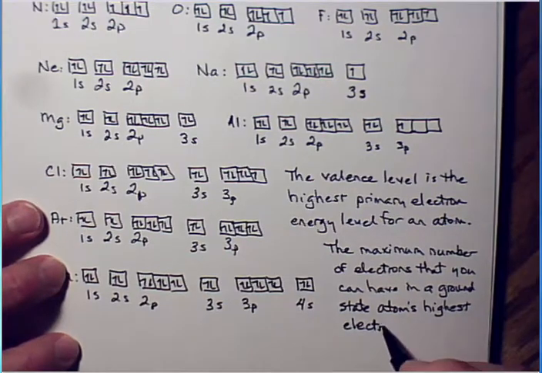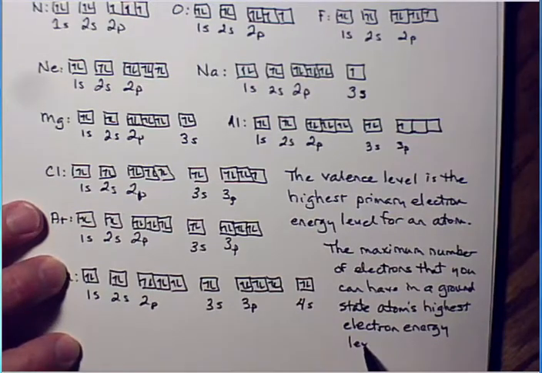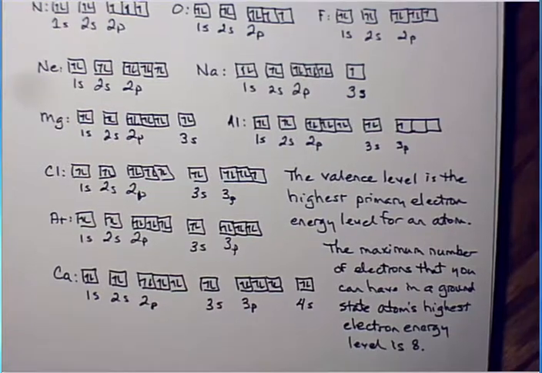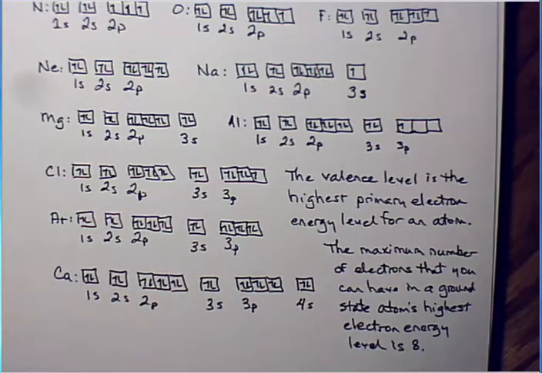In a ground state atom's highest electron energy level, that's called an octet. You've probably heard the phrase octet rule before. We get into some exceptions when we start to do bonding, but for a ground state atom, the ceiling, the top number of electrons you can have in the highest energy level is 8.